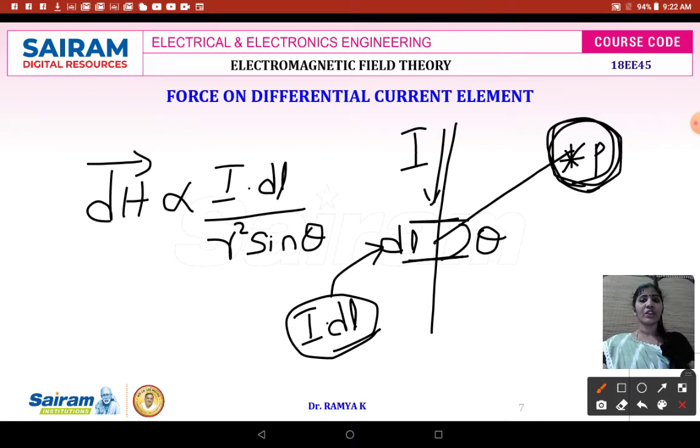Here we need to identify the force on the differential current element. What is the force exhibited? Because a magnetic field gets created. So when a charge Q is moving with a velocity u in the presence of your magnetic field, the amount of force exhibited is Fm. If the current carrying element is differential, then the amount of force exhibited on that current carrying element is also going to be differential.